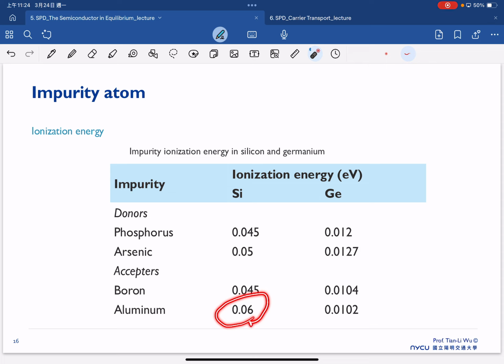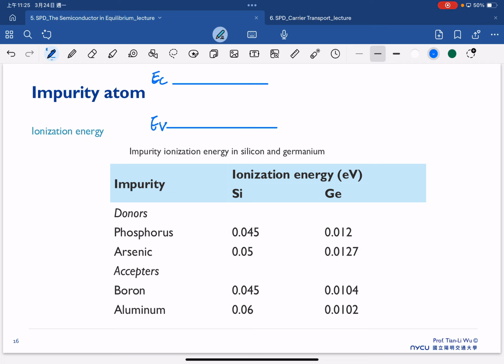The very small ionization energy suggests that, in the case of silicon, between the valence band and the conduction band, we have the EA here, and because this EA is very small, it is 0.045 eV.